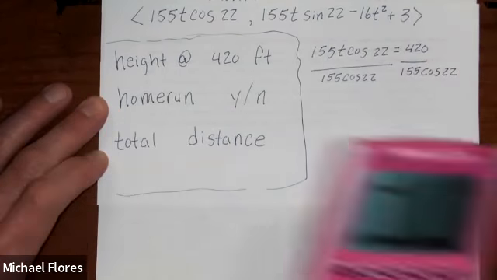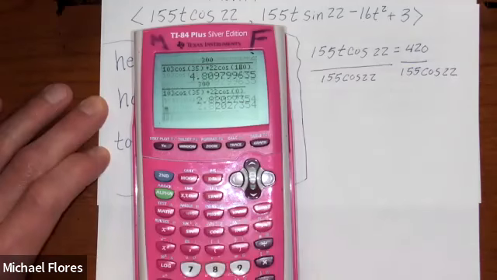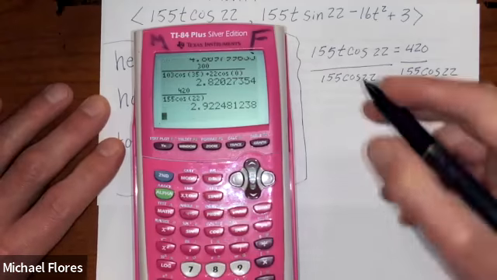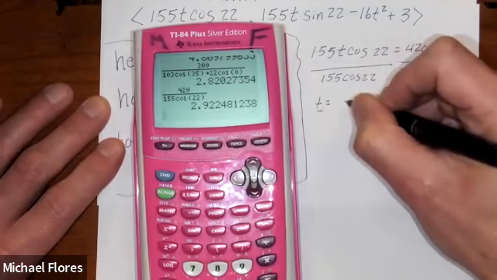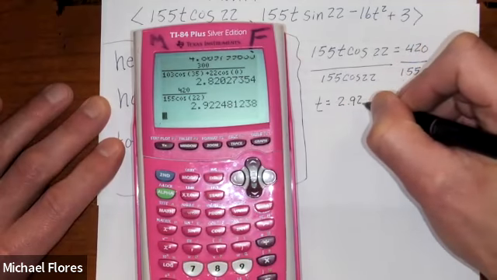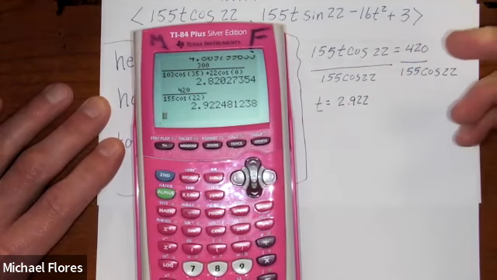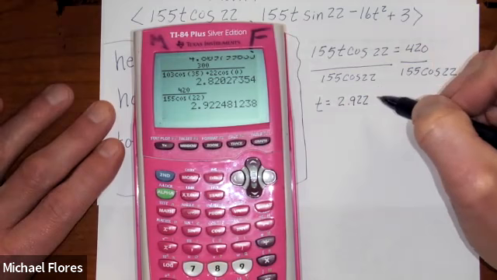And then calculator. It looks like the time it takes to reach the fence is 2.922 seconds. Now that we know when it will reach the fence, we can figure out what the height is at that particular time.